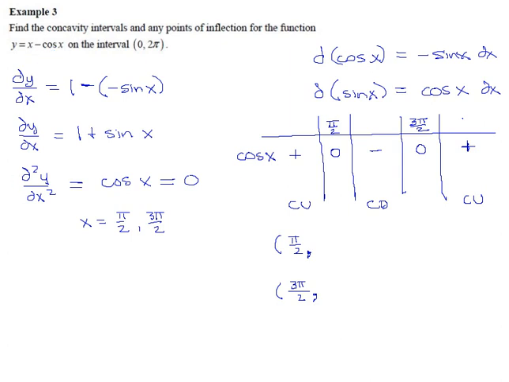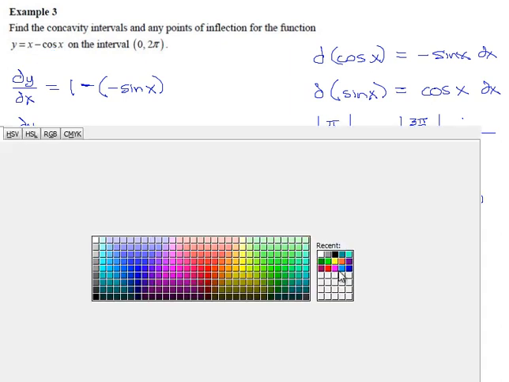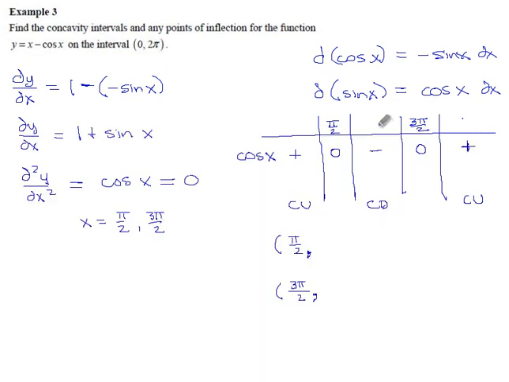So for this first one, I'm going to do this off to the side. It's x minus cosine x, so we get pi by 2 minus the cosine of pi by 2, which is 0. So our y-coordinate is just pi by 2.